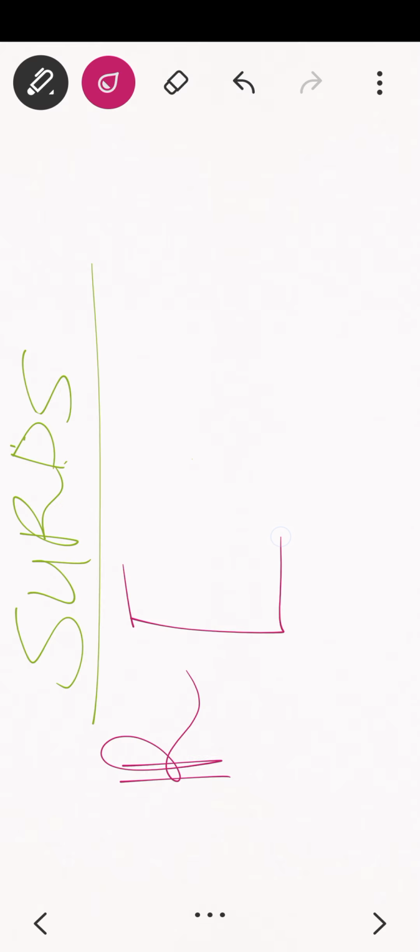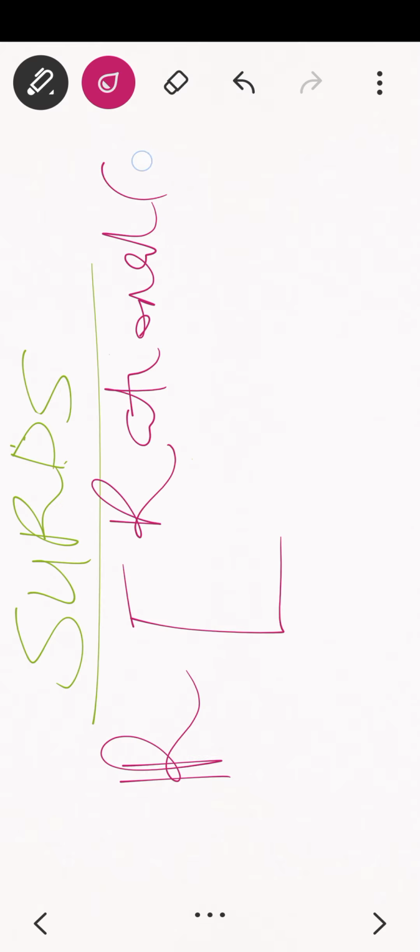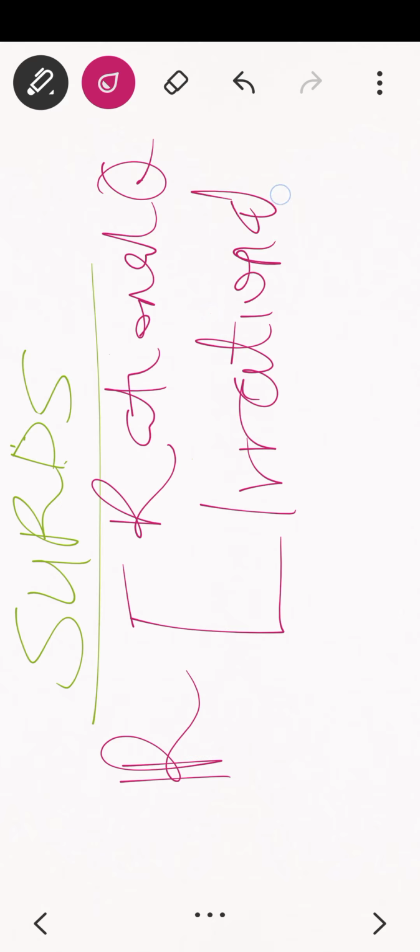Today we want to look at what we call surds. Now in class, we did real numbers. And remember, the set of real numbers is by convention represented by R. Under the real numbers, we have what we call rational numbers, represented by Q, and irrational numbers, which is usually represented by Q prime.